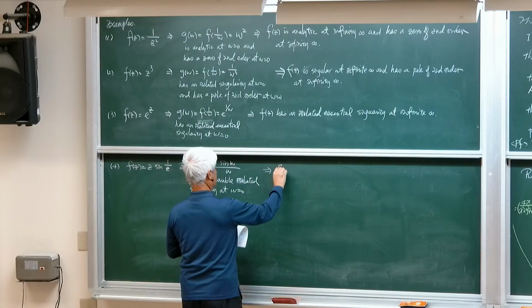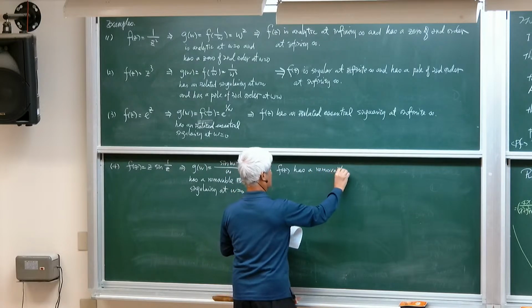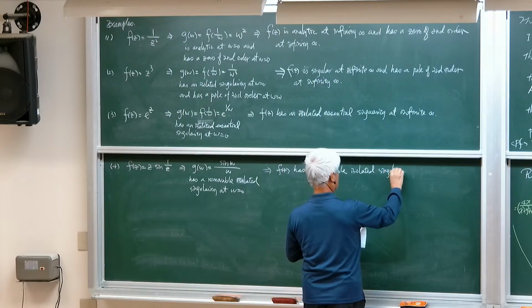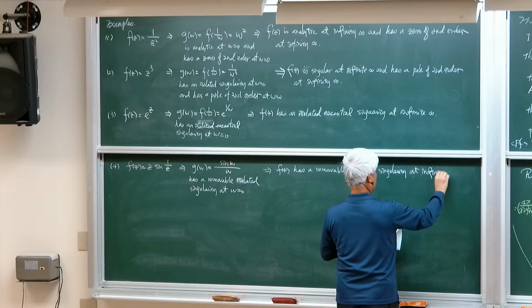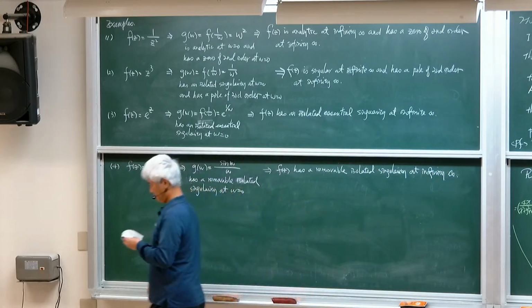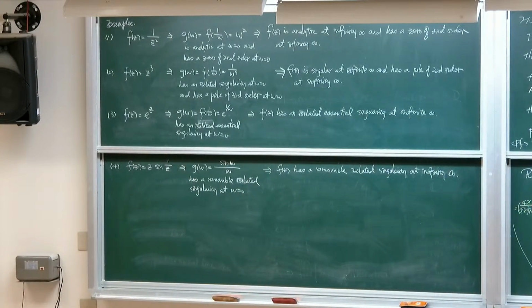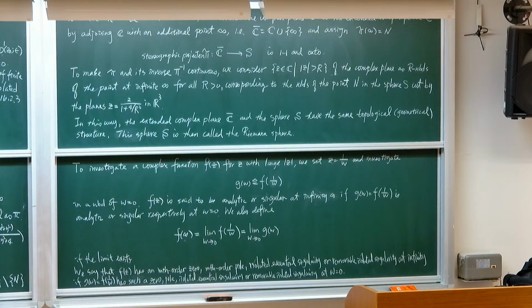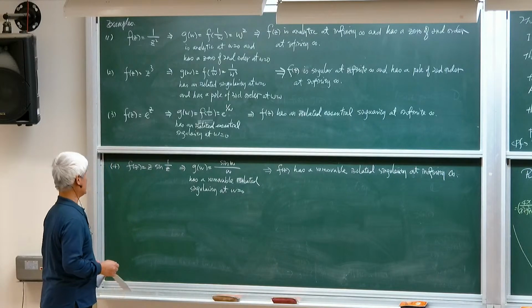Which means that f of z has a removable isolated singularity at infinity. So these four example cases covered the four cases we consider here: zero, pole, isolated essential singularity, and removable isolated singularity.